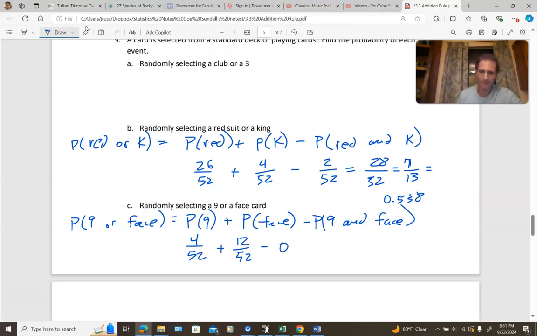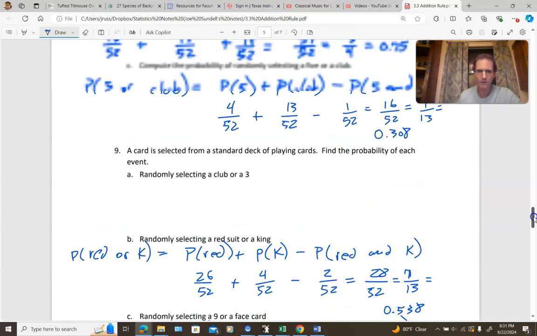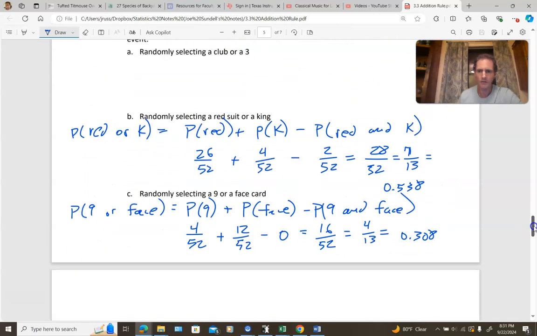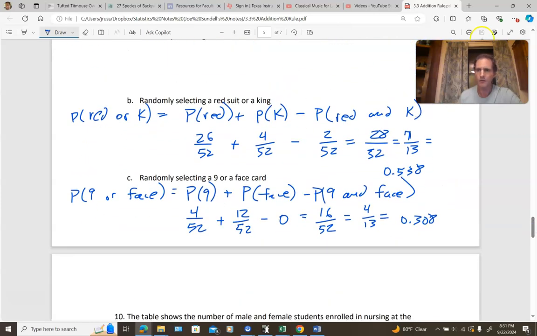So anyway, this is going to end up being 16 out of 52, which will be 4 out of 13, which I think is 0.308. I think we had it a second ago. Yeah, we just did ones like that. Okay, I will put in here that those two events are mutually exclusive.